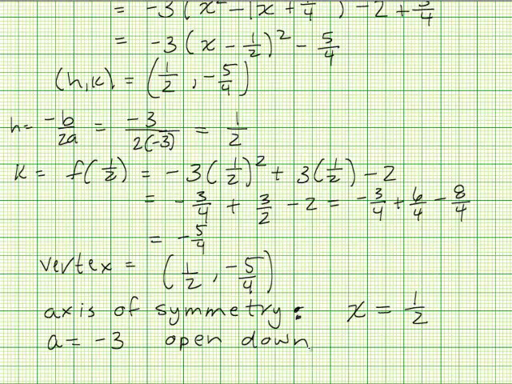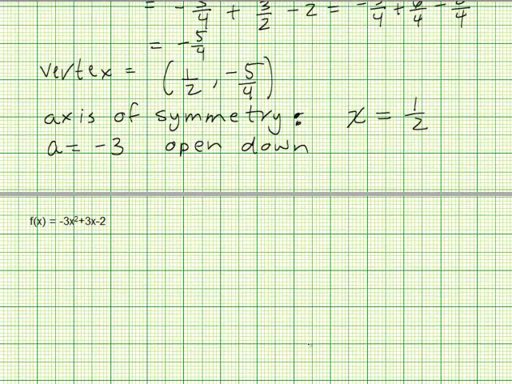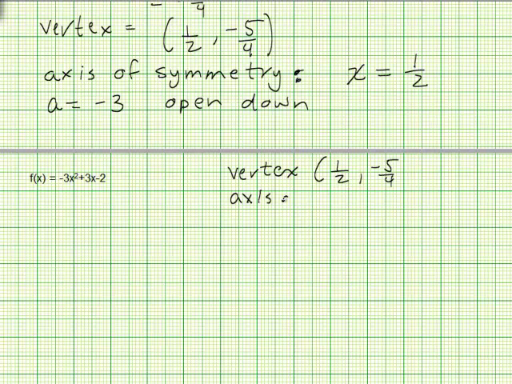The next thing we have to find are our intercepts. So we are going to look for those. Again, so far we have found our vertex is at 1/2, negative 5/4. Our axis of symmetry is at x equals 1/2.